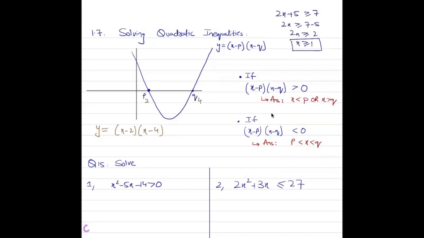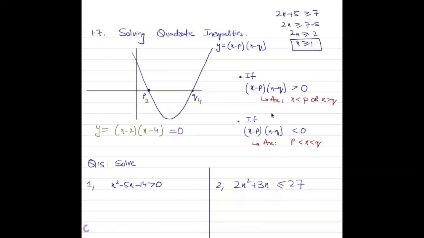When you equate the factored form equal to 0, would you agree that the two values of x are going to be 2 and 4? This becomes your equation, right?